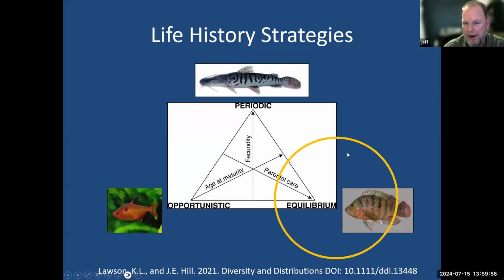So it's not a guarantee of success, but you can pretty much chop off the periodic and opportunistic in terms of the historic ability to establish. Cichlids are great for this. They have highly developed parental care. They have a lot of investment per progeny. They're kind of middle-sized, although some are still small. But that's just the group and some catfishes that tend to be most successful in Florida.